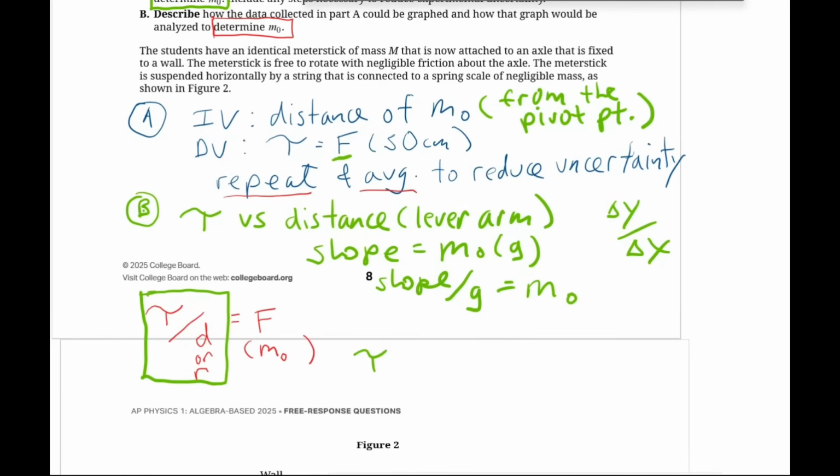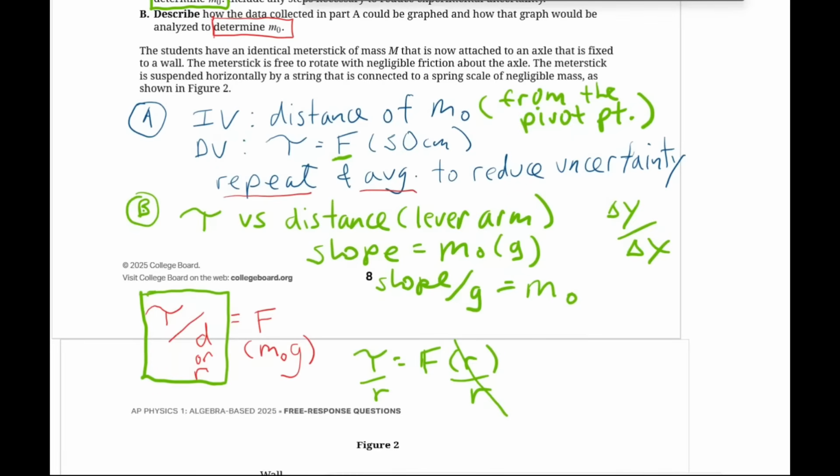And because torque equals force times lever arm, then we are basically taking torque divided by our lever arm, and that would equal the force. And the force is going to be equal to m naught g.